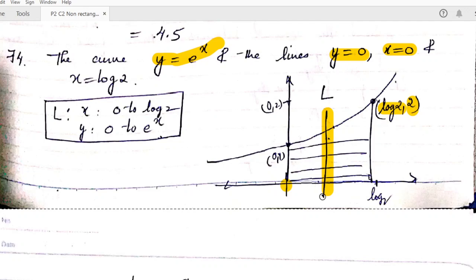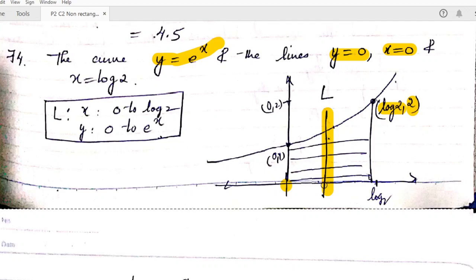So we see that we use the method of vertical cross section. First we will be finding the limit of y, then we will be finding the limit of x. First we can see that this line touches this boundary at this point.